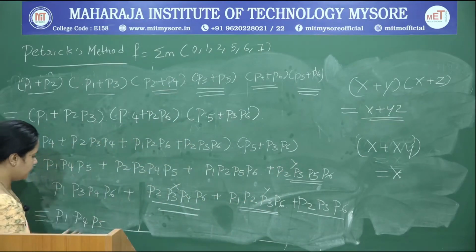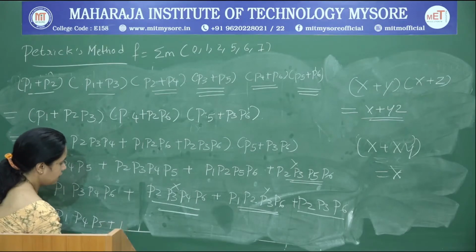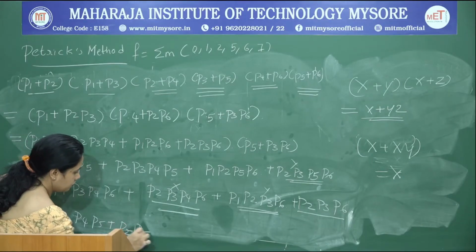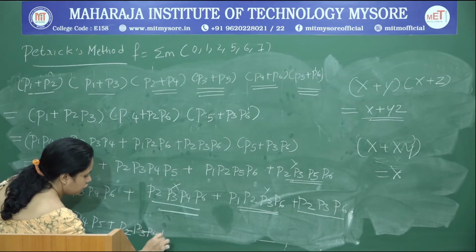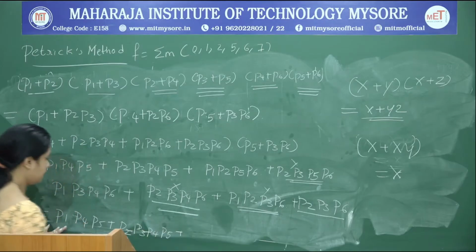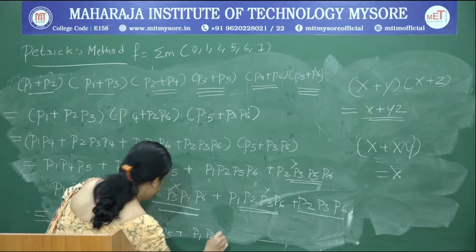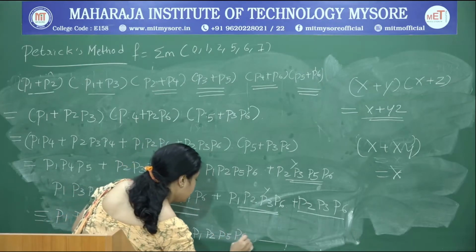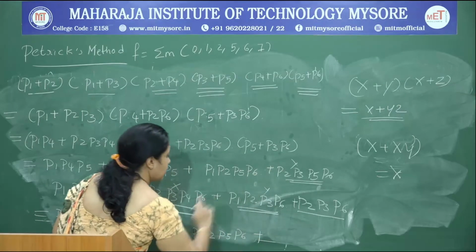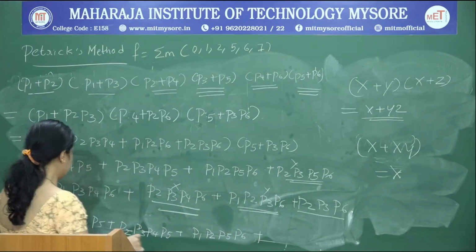As a result we end up getting P1 P4 P5 plus P2 P3 P4 P5 and P1 P2 P5 P6. So these three terms are eliminated.